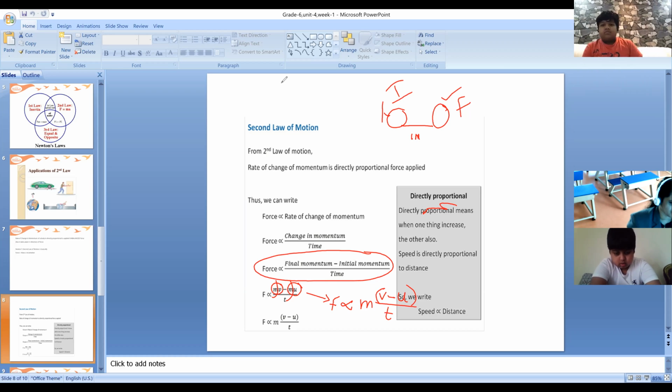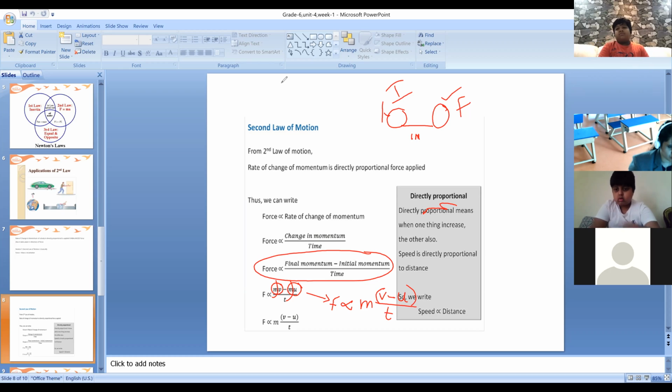You need to remember this formula. Because you are in 6th grade, in your higher grades you will be given problems to solve based on this formula. For now, there are no problems for you. How to use this formula, you'll be learning in your higher grades. Now just note it down.